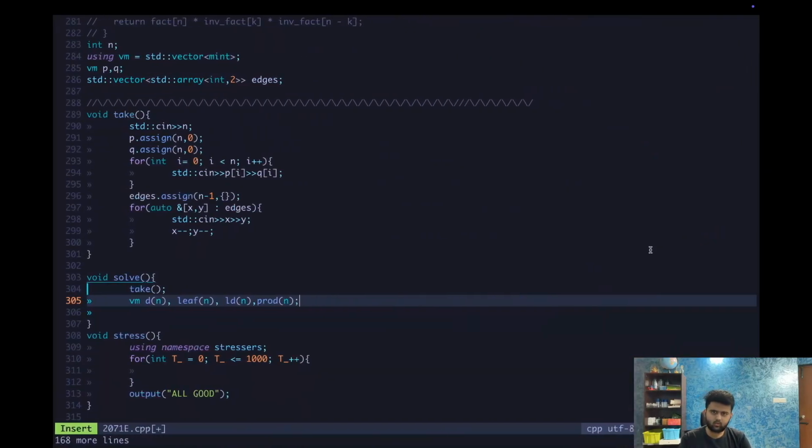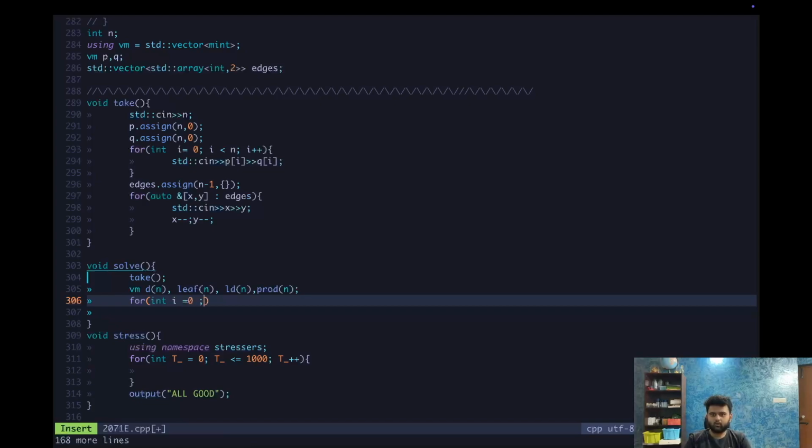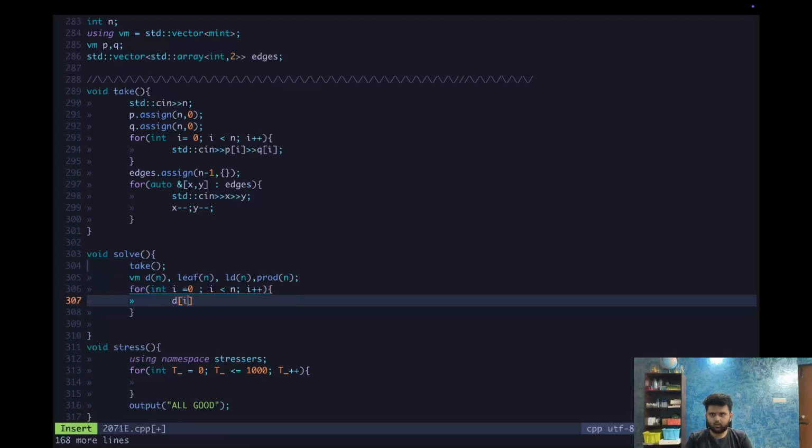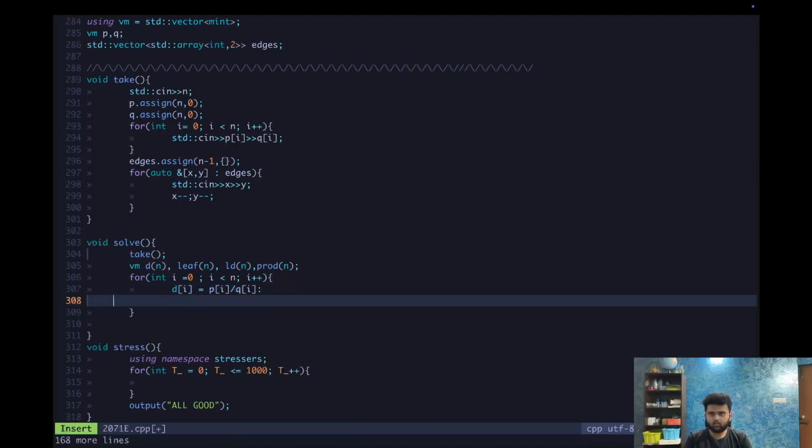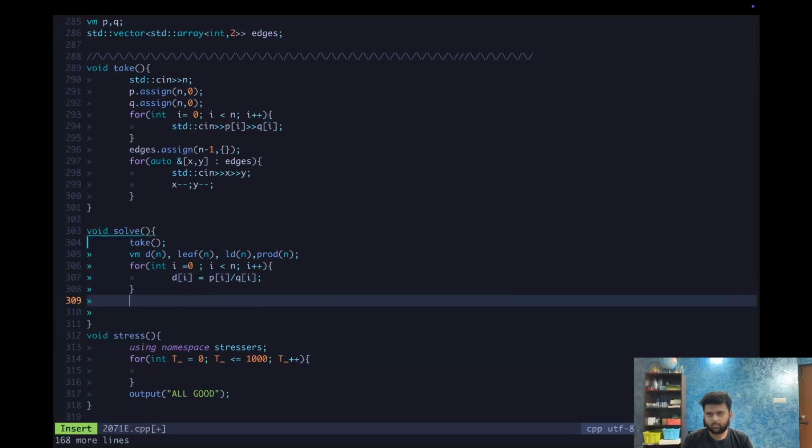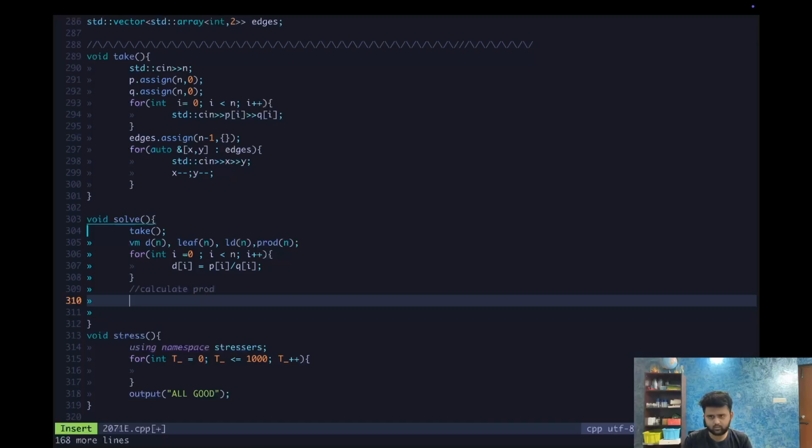Cool, so it's all these. Now for all vertices, I would write di equals pi by qi, and now first let's calculate the probability of it being a leaf, or prod, since that just relies on D.